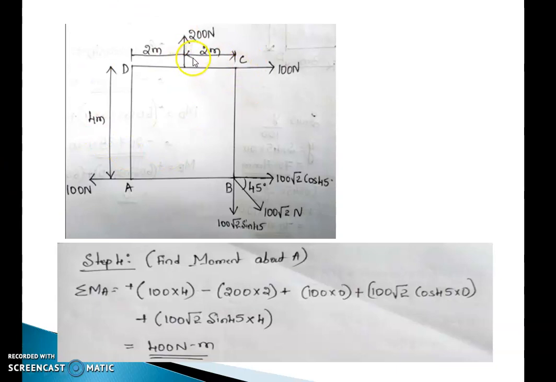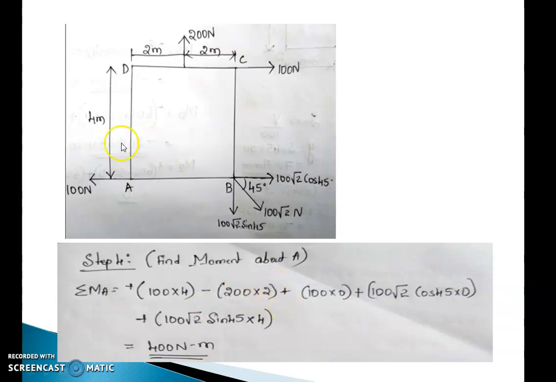When the force is vertical, take the perpendicular horizontal difference between the moment center, that is A, and the line of action of the force. This will be 2 meter. So 200 into 2 is the moment about A, and we need to check whether it is clockwise or anti-clockwise. Fix a point at A and apply a force of 200 in upward direction. It is going to rotate in anti-clockwise direction, so it will be minus 200 into 2.